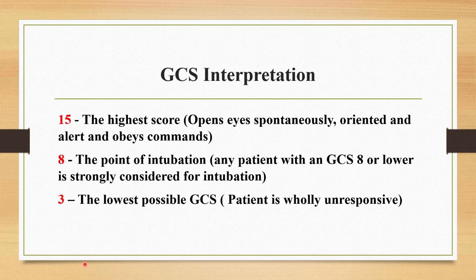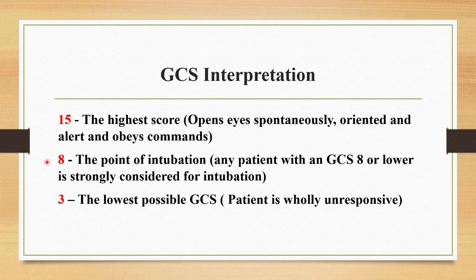So, in conclusion, 15 is the highest score and 3 is the lowest possible score. If the score is 15, that means the person is normal. So the patient will open eyes spontaneously, well oriented and alert, and obeys commands.